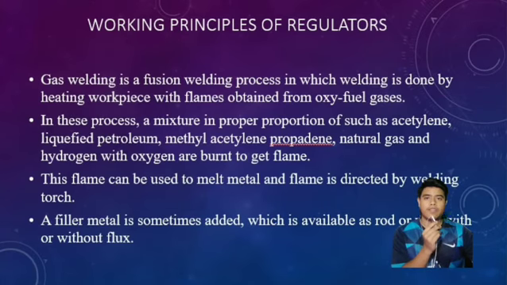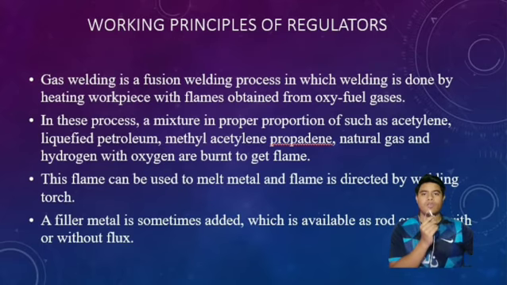Gas welding is a fusion welding process in which welding is done by heating the workpiece with flames obtained from oxy-fuel gases. In this process, a mixture in proper proportion of gases such as acetylene, liquefied petroleum, methylacetylene, propane, natural gas, and hydrogen with oxygen are burned to get flame.